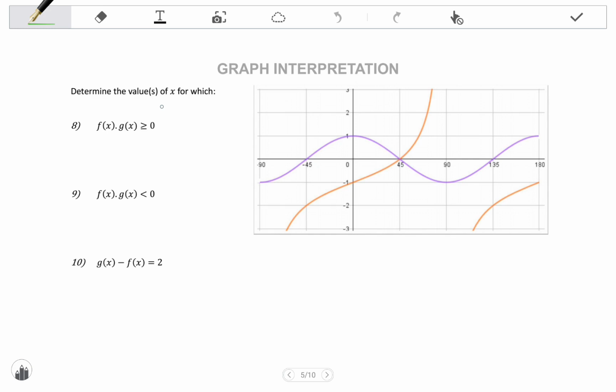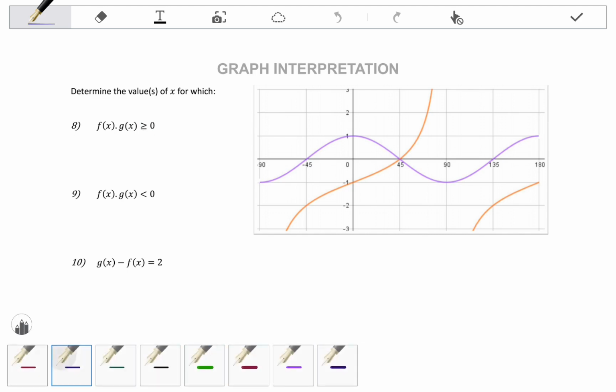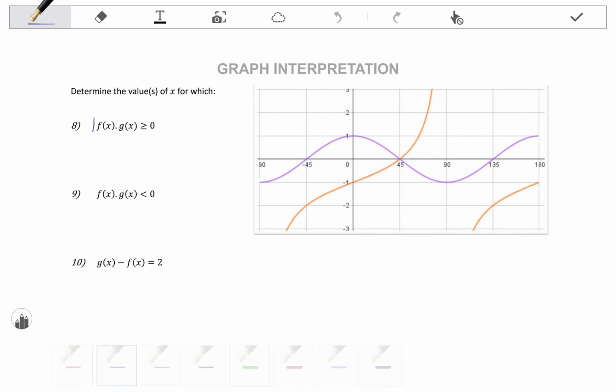Looking at question 8 now, we're still determining the values of x for which, and now we look at where f of x times g of x is greater or equal to 0. So what we have here is a product of the y values. So the product of the y values must be greater than or equal to 0.